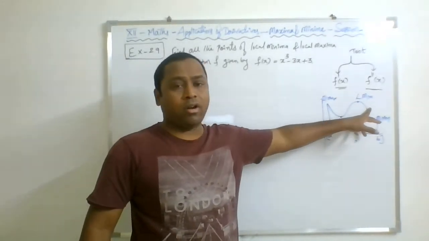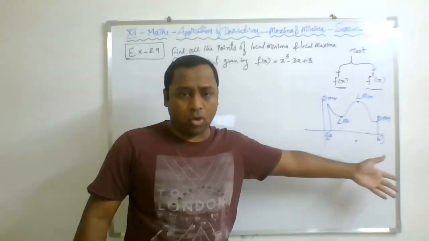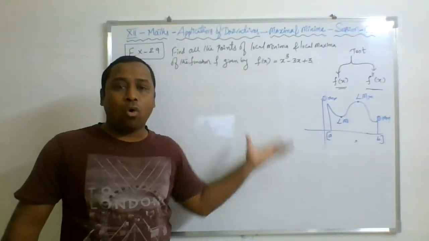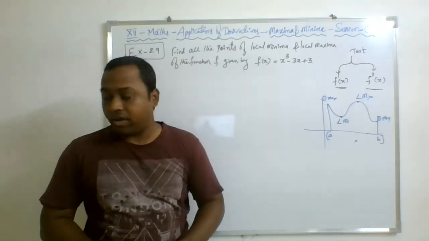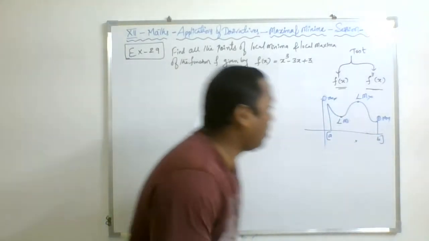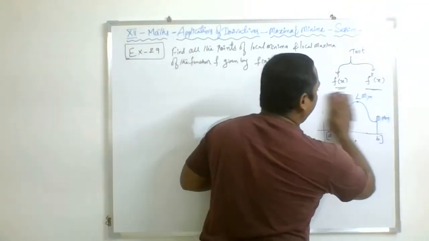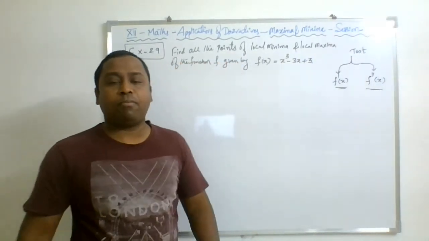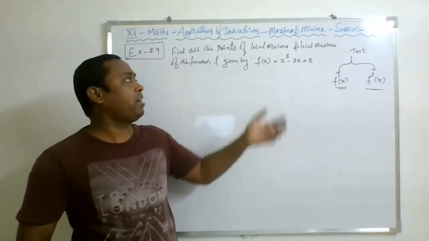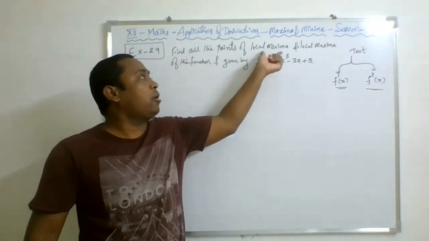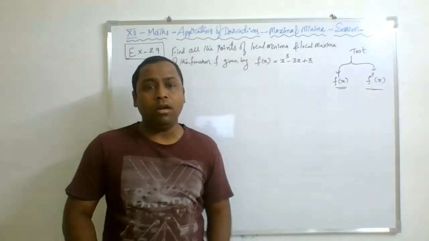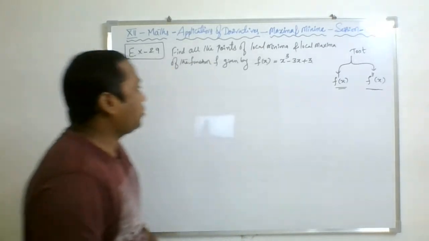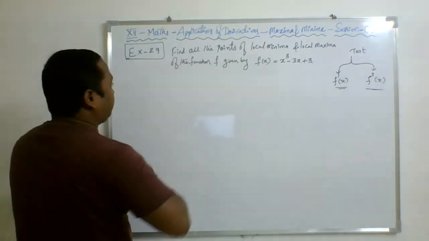Local minima, local maxima we will understand later on. Just focus on the core part of the content first. Then we will take some sums where you will understand the terminology. So when we say point of minima, point of maxima, by default we are dealing with local minima and local maxima. Just go with the process first.